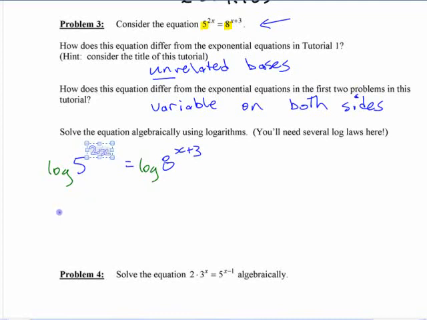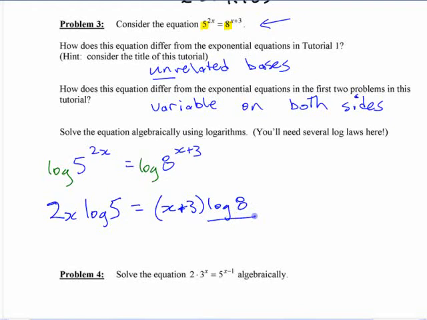Put it in front, right? So we got 2x times log of 5, which you just write like that. The same over here, except I'm going to need to do it with brackets, because it's got two terms. So I write it like that, x plus 3 times log of 8. This is maybe where it looks different, but now you've reduced it to a linear equation.